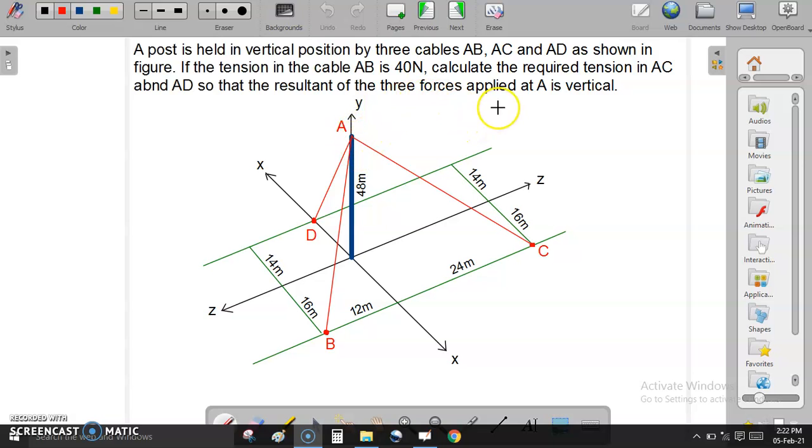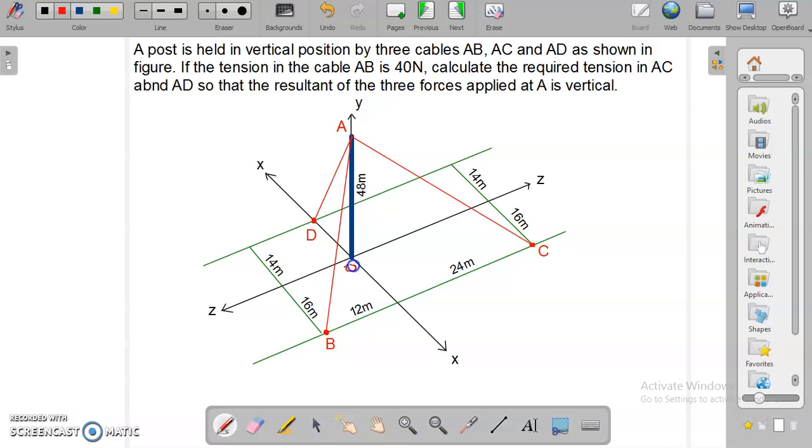That's why it is given that the resultant is acting vertically downwards. It is acting vertically downwards means the pillar is kept perpendicular. Okay, so the force at A due to these three cables will make a resultant force acting from A to this particular point, let it be O, which is the origin.